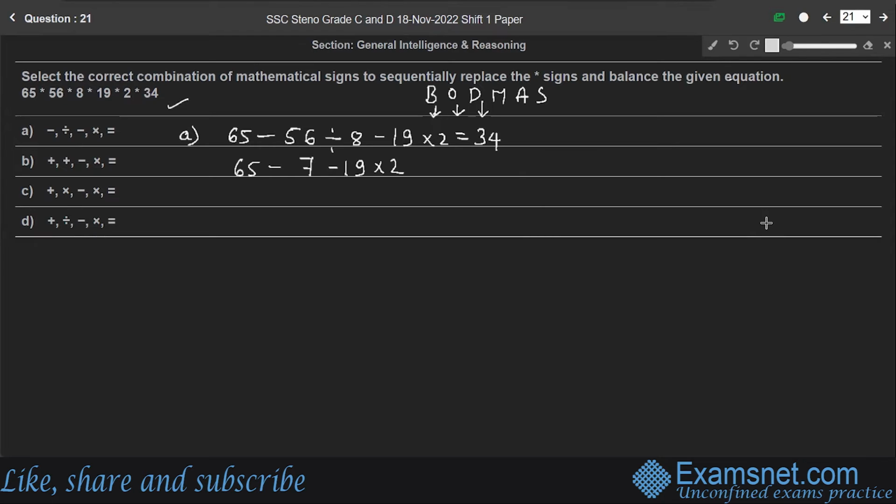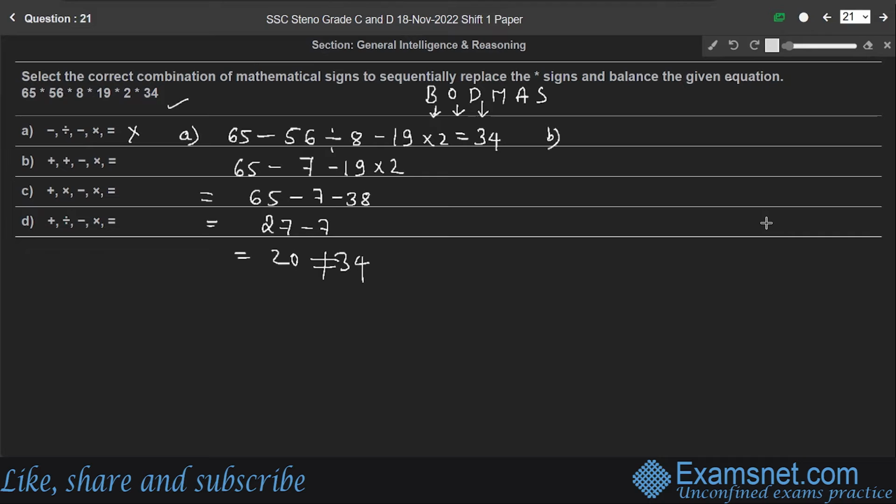After division we go for multiplication: 65 minus 7 minus 19 into 2 is 38. Subtraction is very easy: 65 minus 38 is 27, minus 7 is 20, which is not equal to the right hand side, 34. Therefore option A doesn't satisfy the equation.